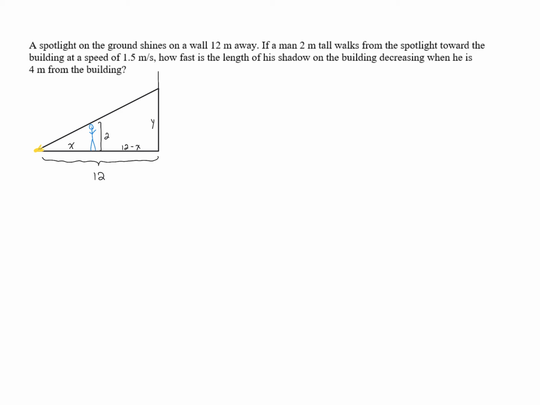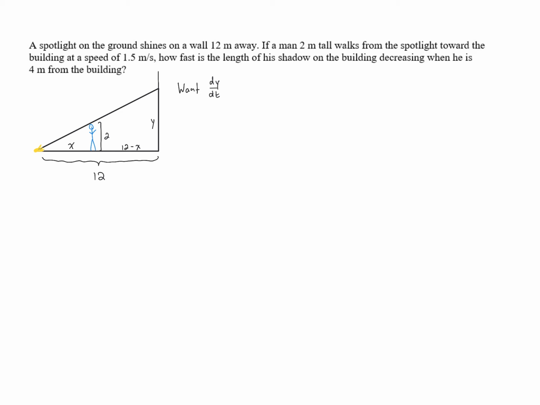And now we have everything labeled, and we need to figure out rates of change. So the thing that we're looking for is how fast is the length of his shadow decreasing. So the shadow is y, and we want to know the rate of change there. So we want dy over dt.